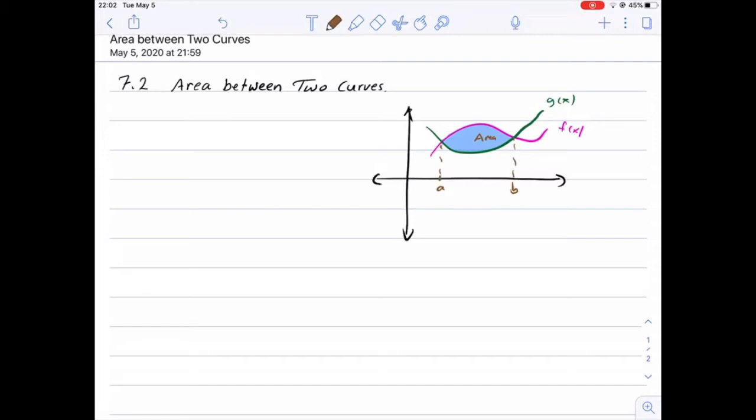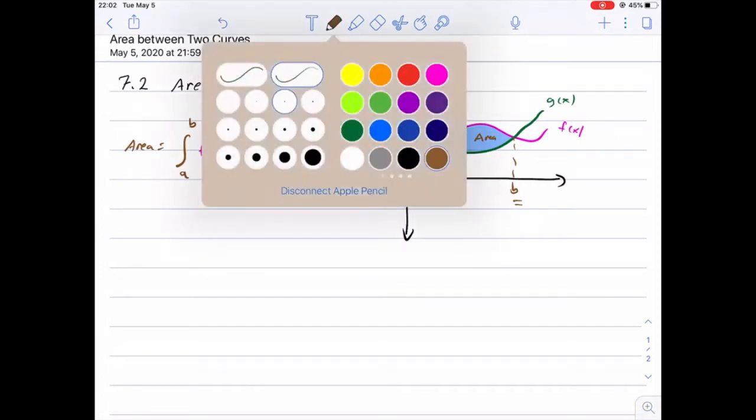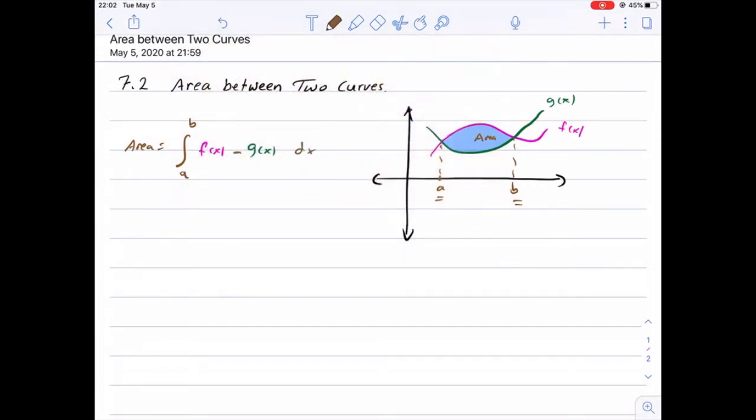Now, how to find the area between those two curves? Here we apply integral. So area is equal to the integral from a to b of f of x, the upper function, minus the lower function g of x dx.